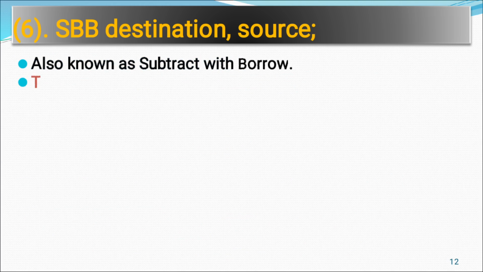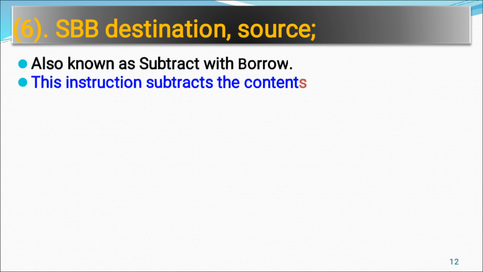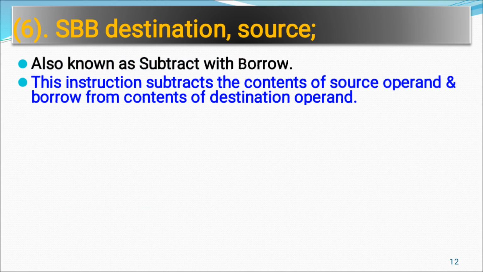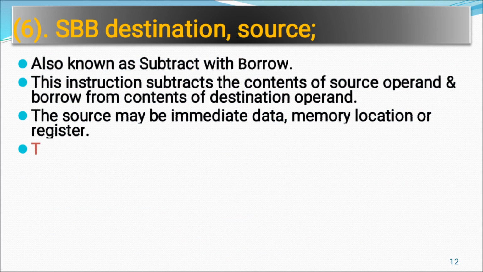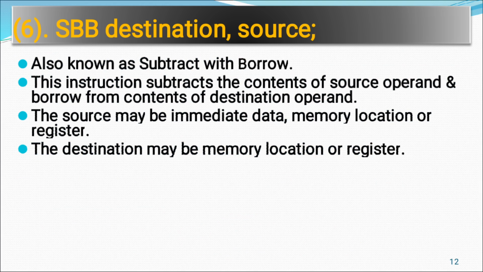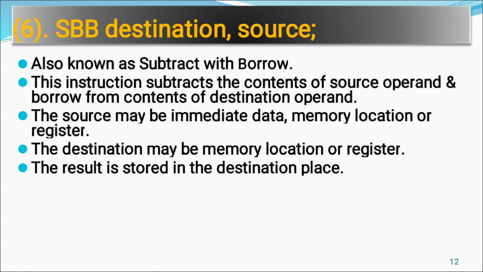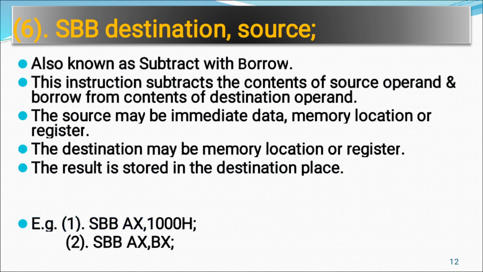Next, SBB. SBB stands for subtract with borrow. Here we subtract the content of the source register and the borrow from the content of the destination register. Let us take this example, SBB AX comma 1000.